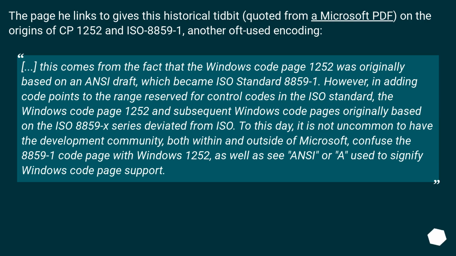However, in adding code points to the range reserved for control codes in the ISO standard, the Windows code page 1252 and subsequent Windows code pages originally based on the ISO 8859-X series deviated from ISO. To this day, it is not uncommon to have the development community, both within and outside of Microsoft, confuse the 8859-1 code page with Windows-1252, as well as see ANSI or A used to signify Windows code page support.